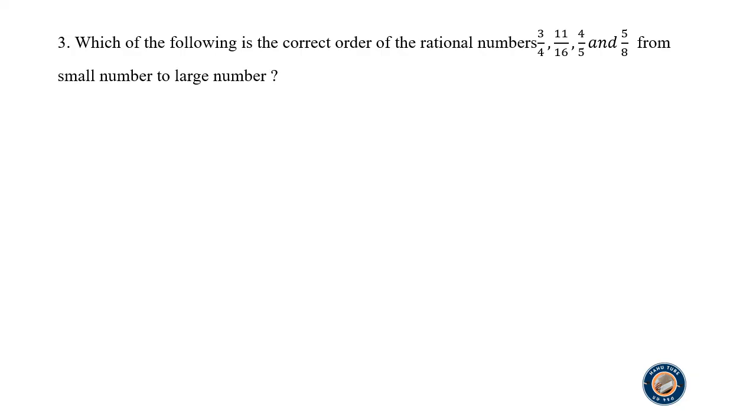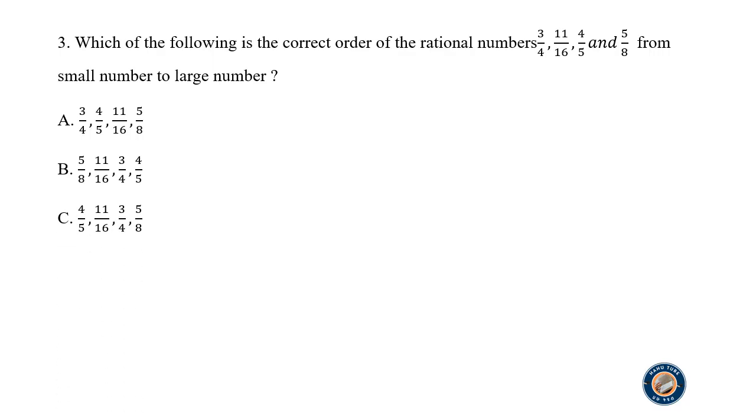Question number 3. Which of the following is the correct order of the rational numbers 3 over 4, 11 over 16, 4 over 5, and 5 over 8 from small number to large number? A. 3 over 4, 4 over 5, 11 over 16, 5 over 8. B. 5 over 8, 11 over 16, 3 over 4, 4 over 5.